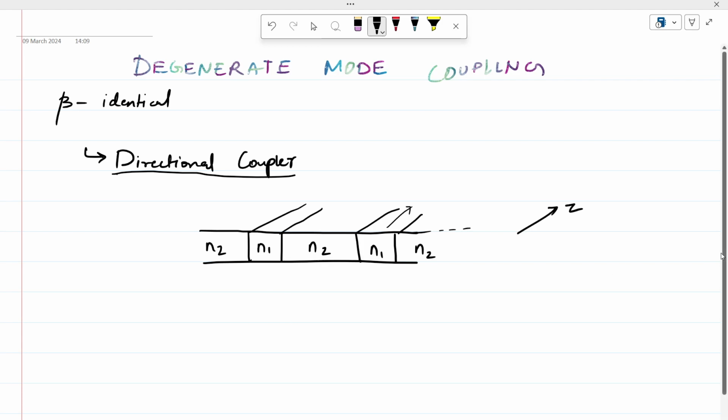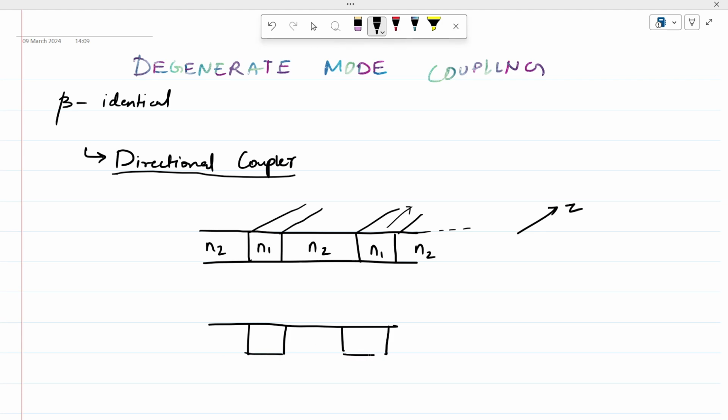So in the XY plane, how will it look? In the XY plane, it will look something like this. Okay.